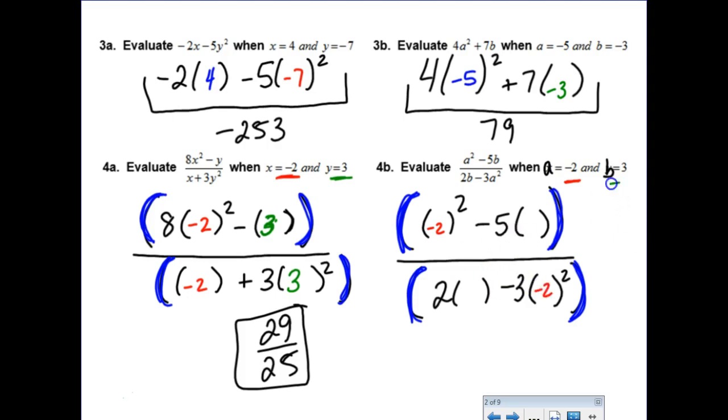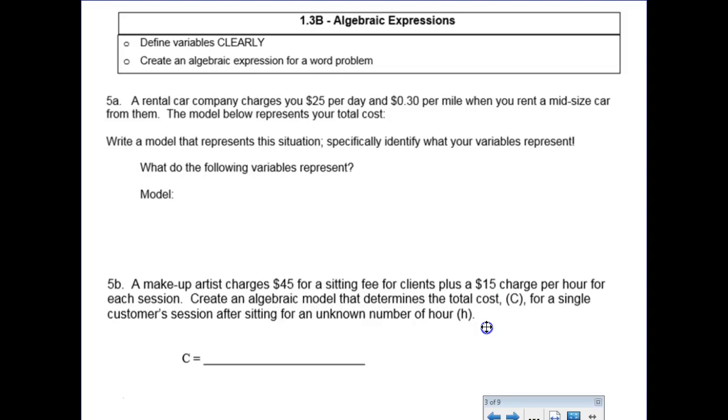And then B is 3, so here we go, 3 here, and a 3 here. So getting that in my calculator, and once again hitting Math Enter Enter at the end of it, it comes out to, I think, 11 over 6. So make sure you're either computing the numerator and denominator separately, or you're using big parentheses around the entire numerator and denominator.